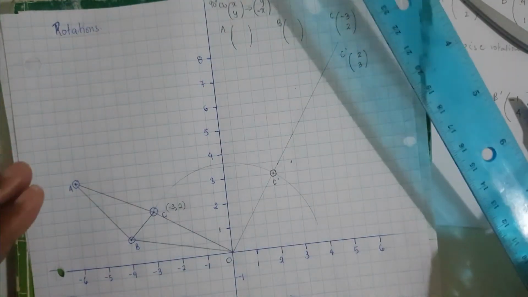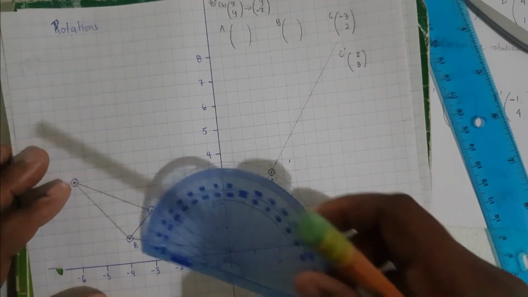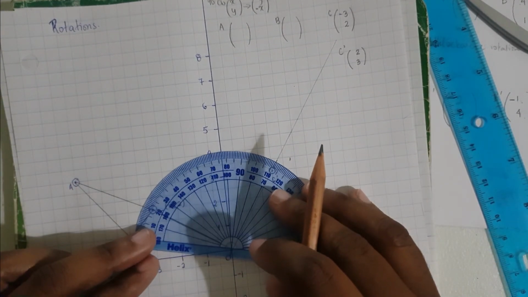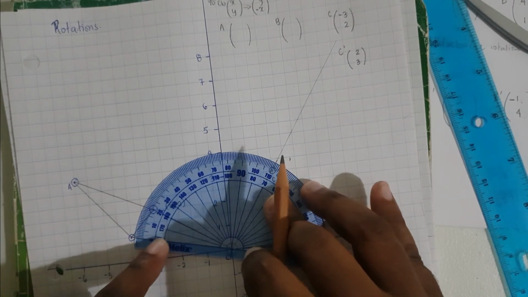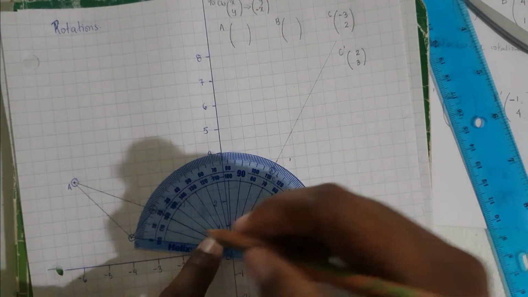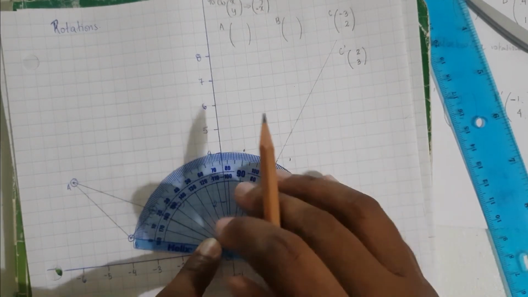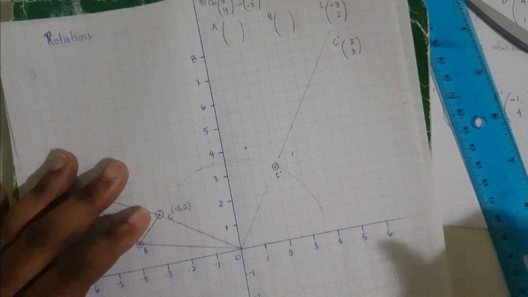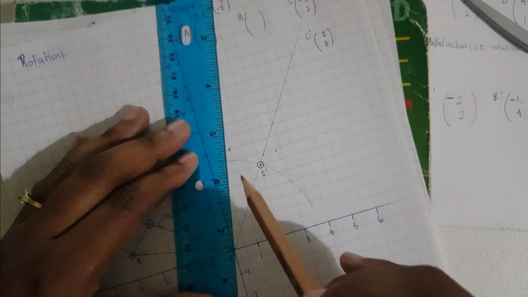Right? And now I'll measure for B prime. I'll measure right here, put the protractor right there along the OB line. And then I measure from on top, going here, 90. And then I draw a long line from the origin. Okay.